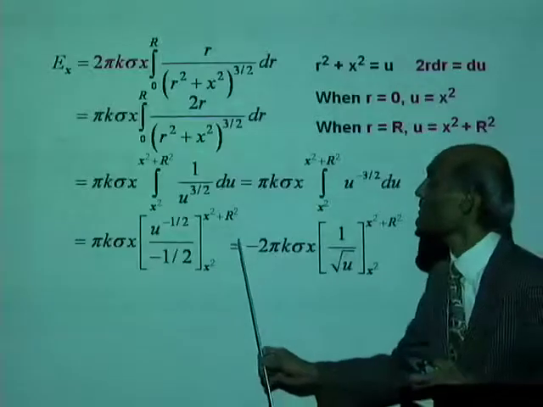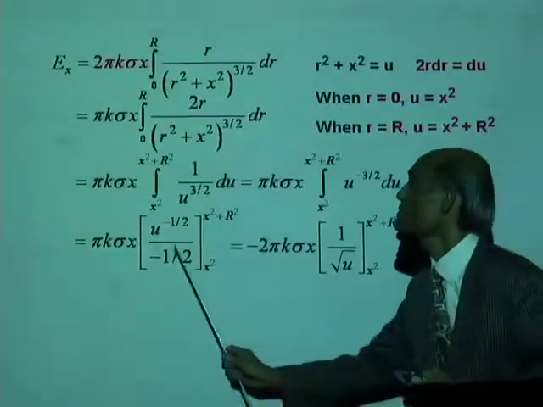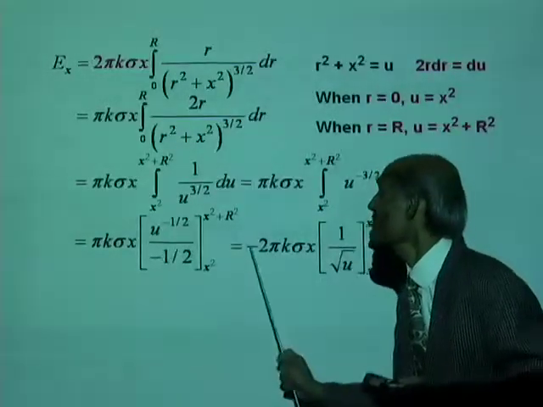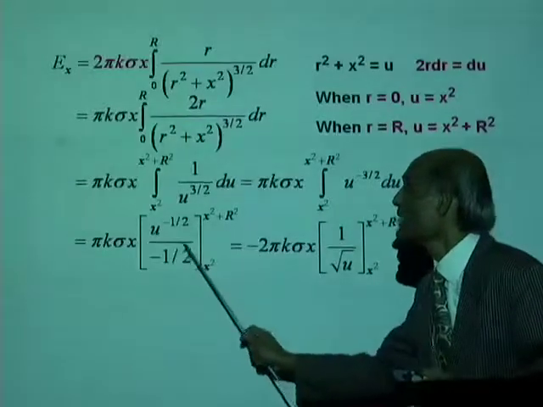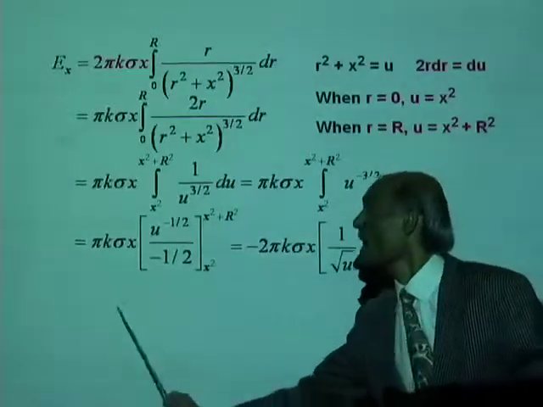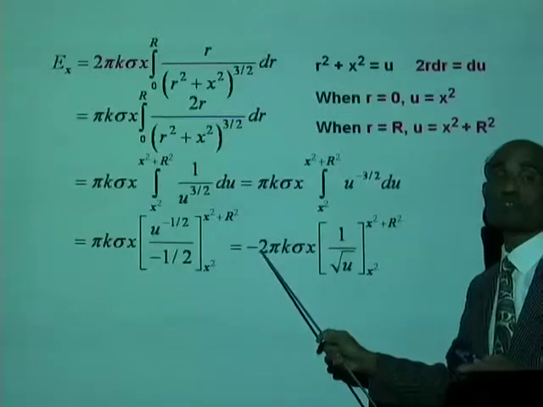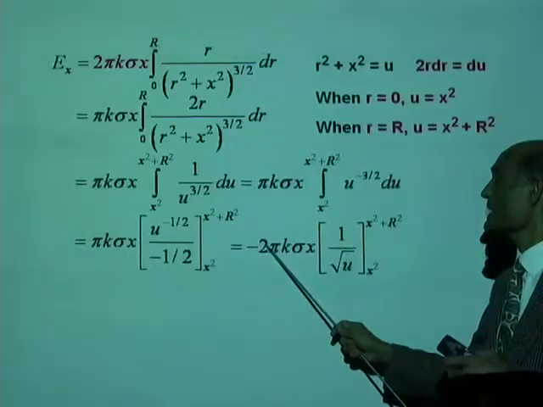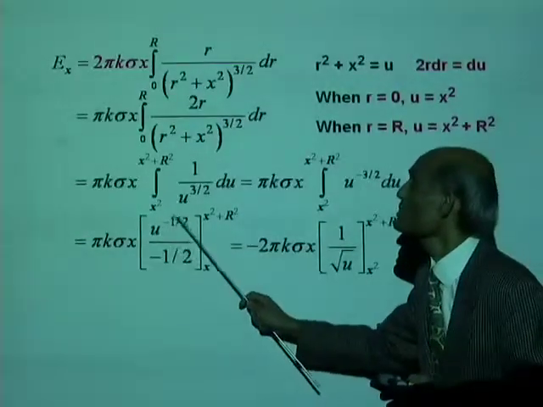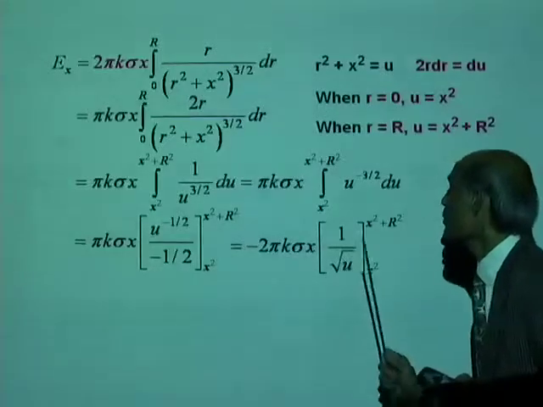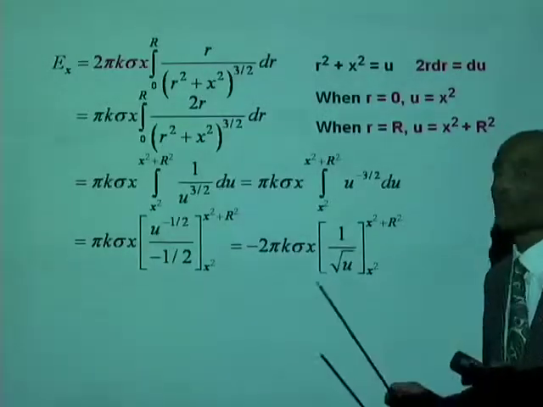And simplify this. You understand this, don't you? This negative, I brought it up here, and dividing by 1/2 became multiplying by 2. That's how this became negative 2 here. And u to the negative 1/2 is 1 over square root u.